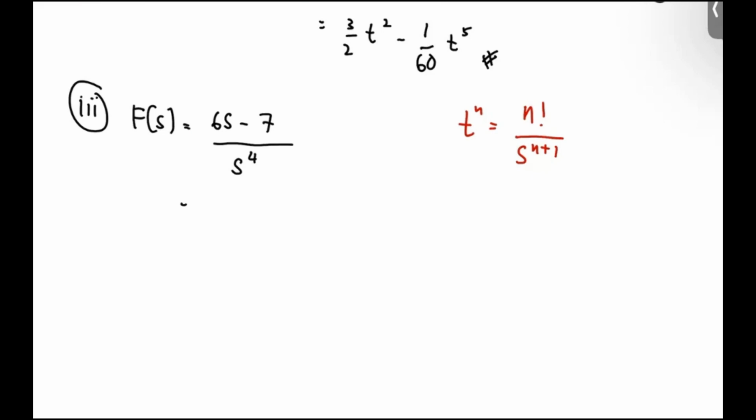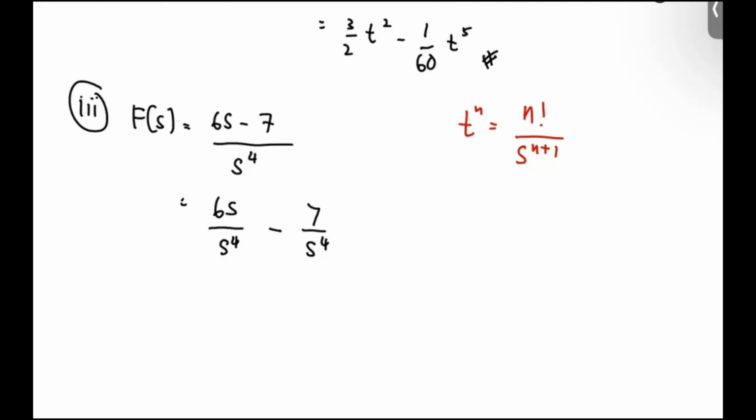You can break this fraction as 6s over s to the power of 4 minus 7 over s to the power of 4.